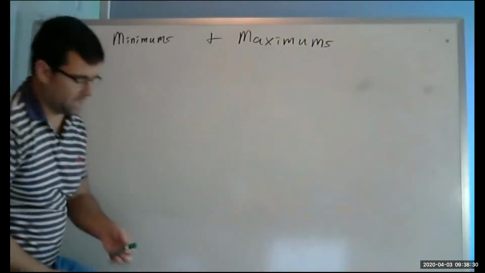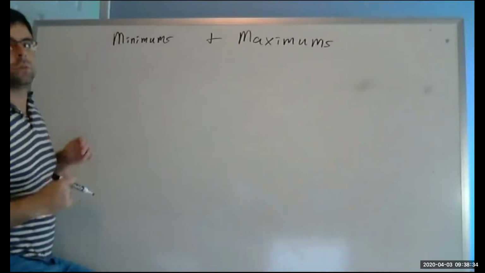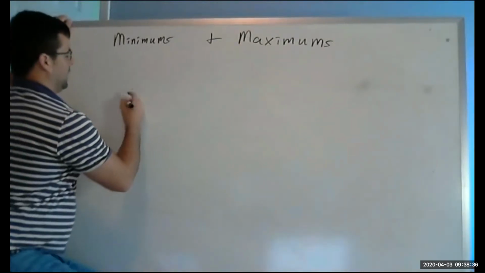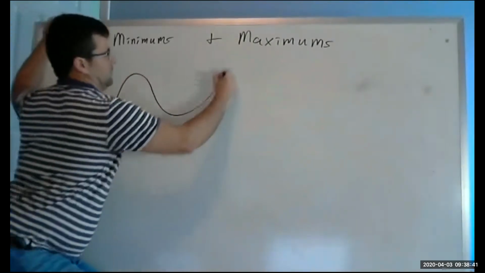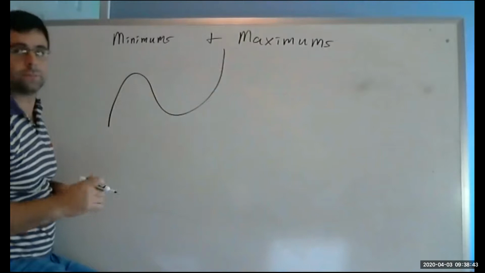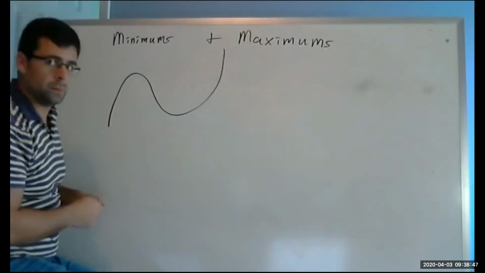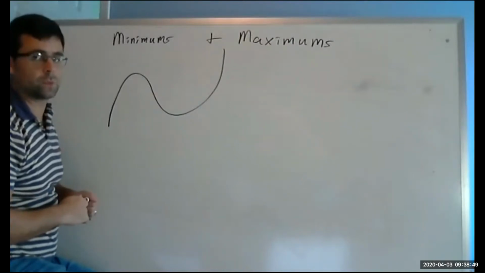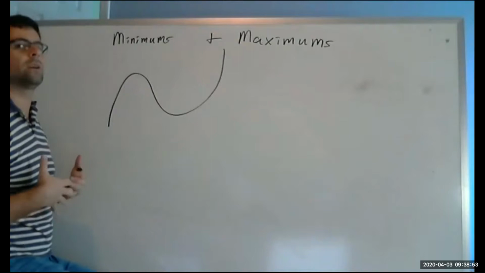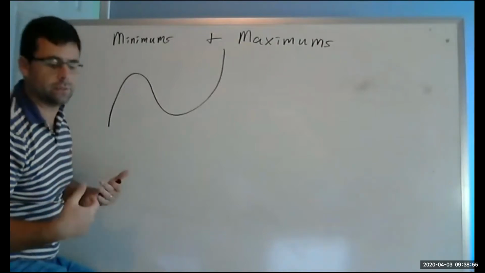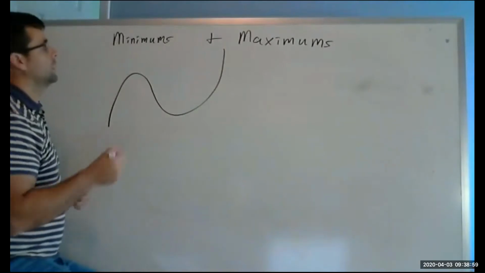So minimums and maximums, or minima and maxima. So we'll have graphs that might do something like this. So a relative minimum or a relative maximum means that relative to the points around it, it is bigger or smaller than all of those.